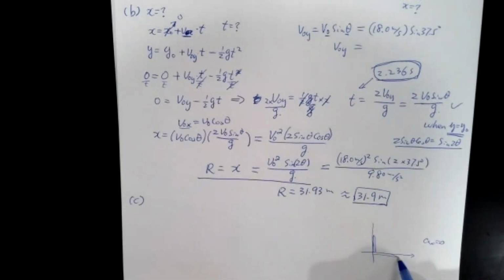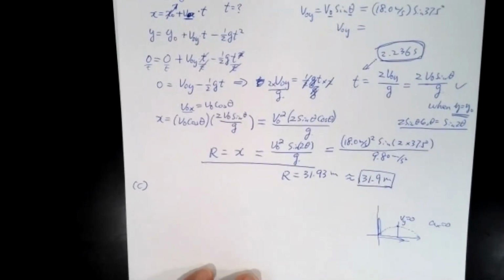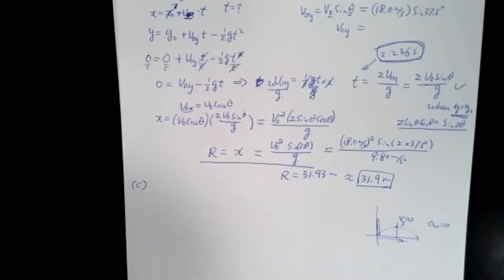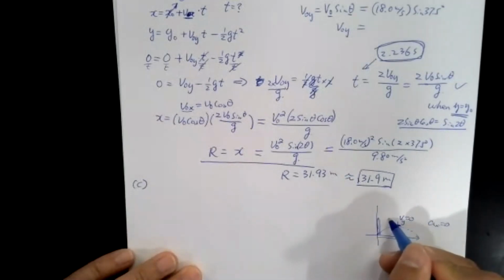In the horizontal direction, it keeps going, but in the vertical direction, it goes up and goes down. That's how you get a trajectory like this, okay? In the vertical direction, the velocity decreases, and at the high point of the flight, it goes to 0, okay? So at the high point, the vertical velocity is 0. Then it's asking you what would be that y at this point, okay?